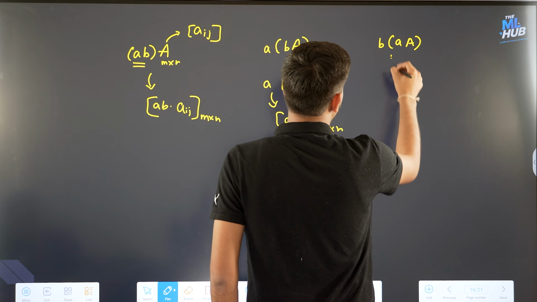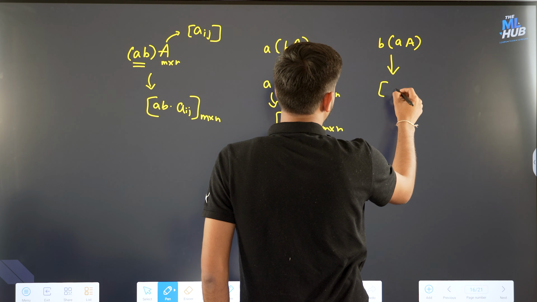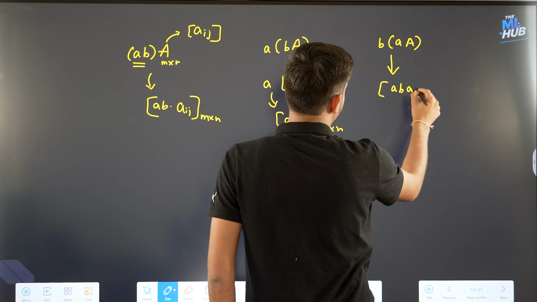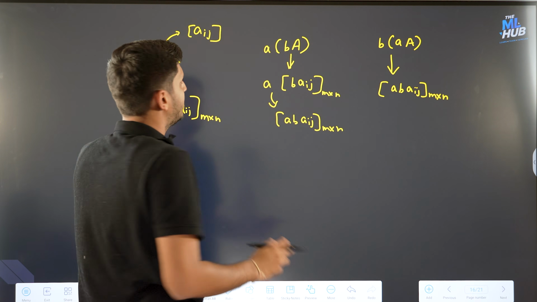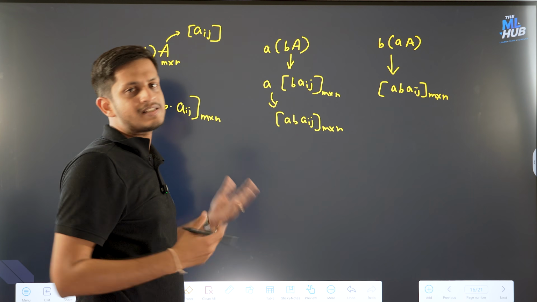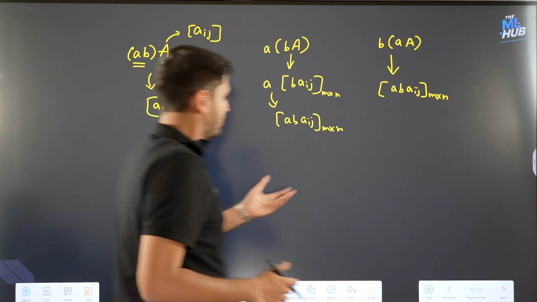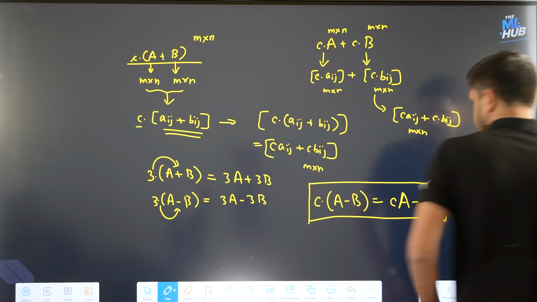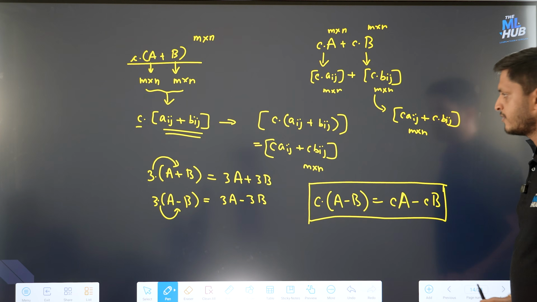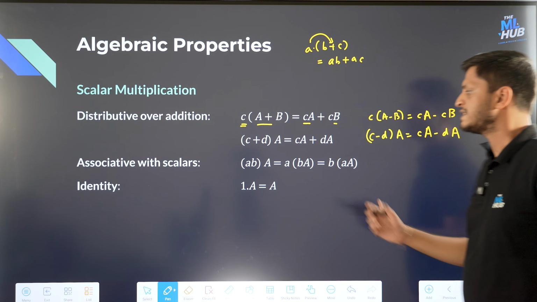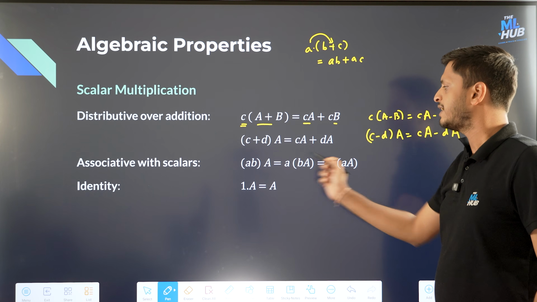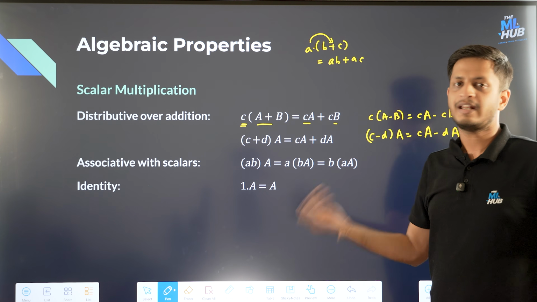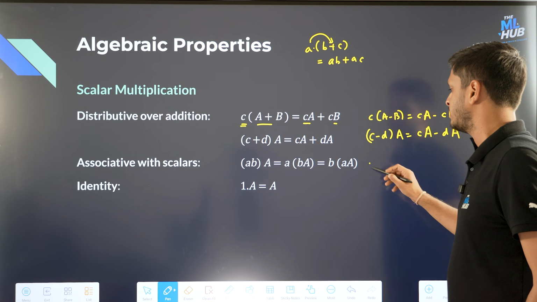It doesn't matter. Here also at the end you will get ab times Aij as an m cross n matrix. So the order doesn't matter, all three will give you the same matrix at the end. So this property also holds. So you can say that with the scalars we have associativity, which means when you are multiplying two scalars and a matrix, the order doesn't matter, you can multiply them in any order, you will get the same result.